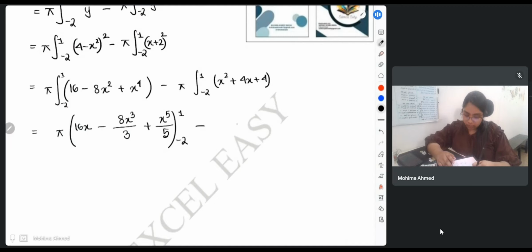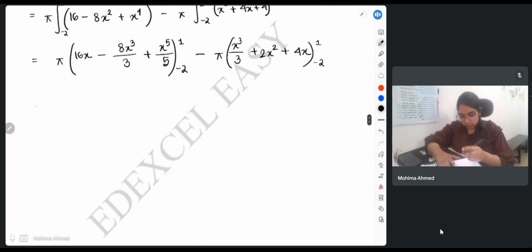After that, you have x power 3 divided by 3 plus 4x square by 2, so it will be 2x square in this case. So I'll just write 2x square plus 4x directly over here, and again this will be multiplied with pi, boundaries 1 and minus 2. For the final part, I'll do the substitution from here.